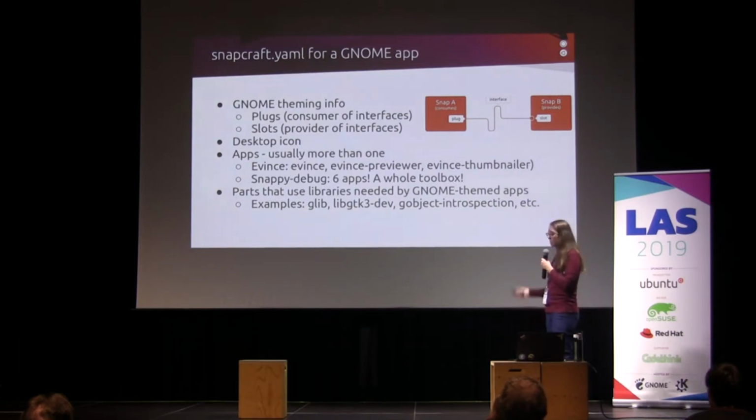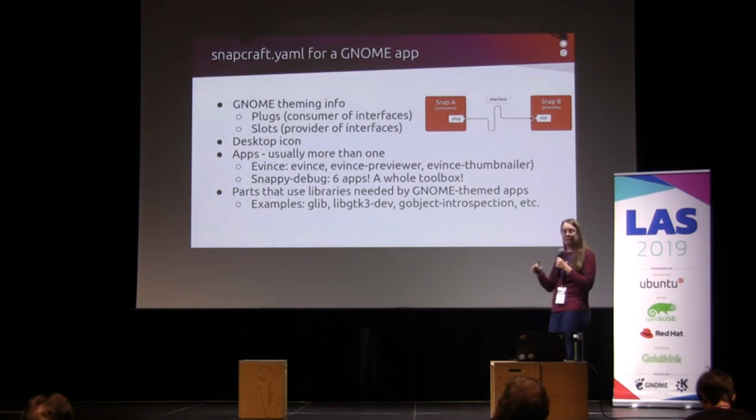And then there's going to be a desktop icon because people want to click on icons to run their app. You can also run your snap from the command line, but desktop apps are important. One nice thing is there's going to be an apps section that defines what the apps are that are bundled in this snap, and it can have more than one.